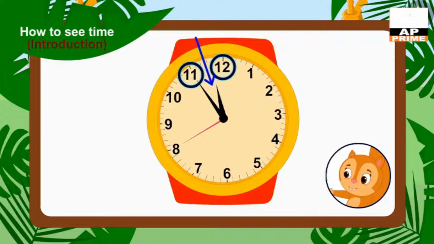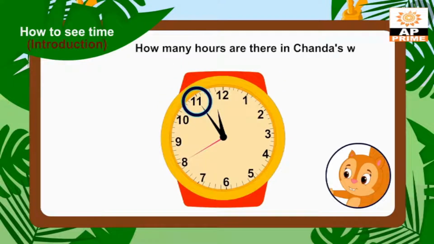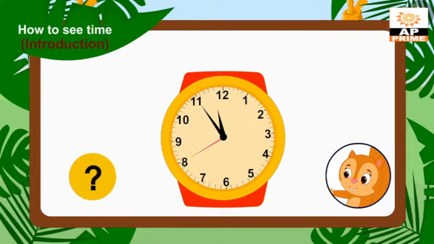Whenever the hour needle is between any two numbers, then we have to take the smaller number of the two numbers as our number. So, how many hours are there in Chanda's watch? Yes, 11 hours. Now, let's see the time in minutes.